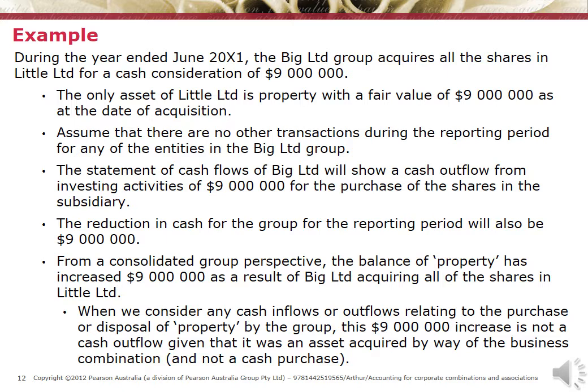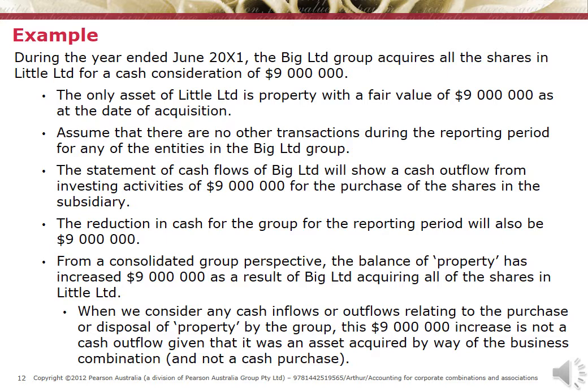When we prepare the consolidated statement of cash flows, however, and consider any cash inflows or outflows relating to the purchase or disposal of property by the group, the $9 million increase is not considered a cash outflow, as it was acquired as an asset by way of a business combination and not a cash purchase.